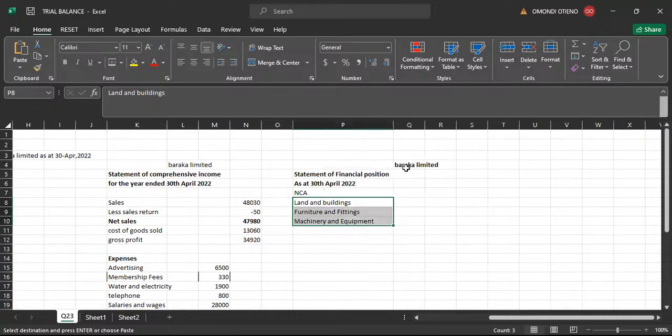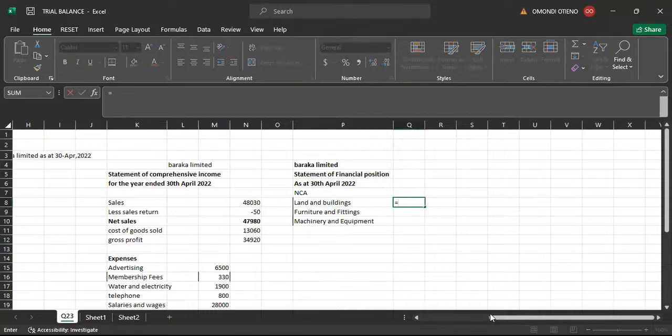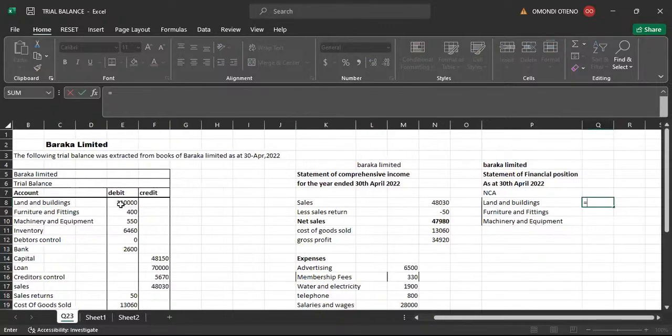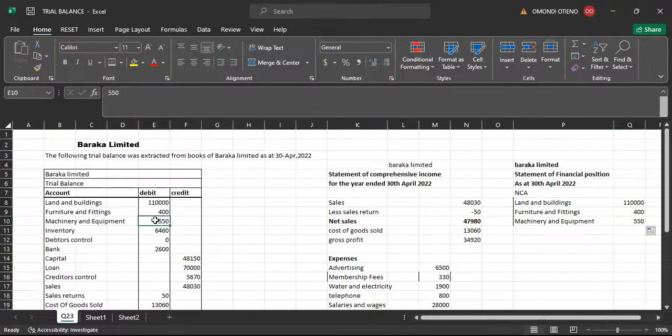Once that is copied, you'll be able to see you have brought them here. So our non-current assets, the 3 of them, I just come and refer to these values. They are following each other, so as a good person, I just come and autofill the 3. I'm done with the non-current assets.